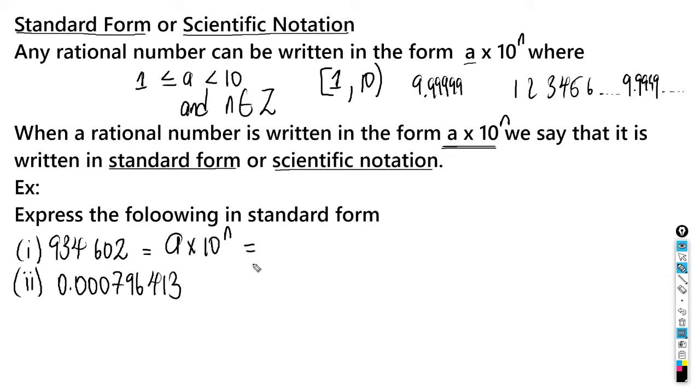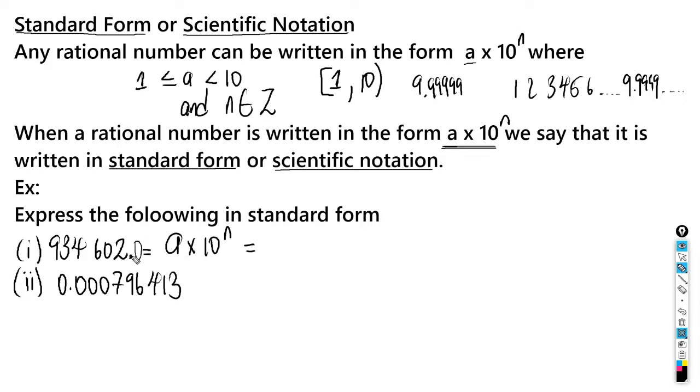Firstly, we look where the decimal point would be. Clearly the decimal point would be here: 934,602.0.